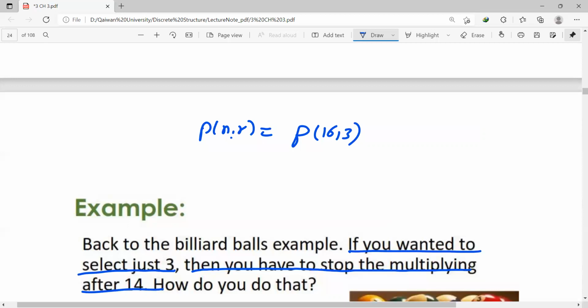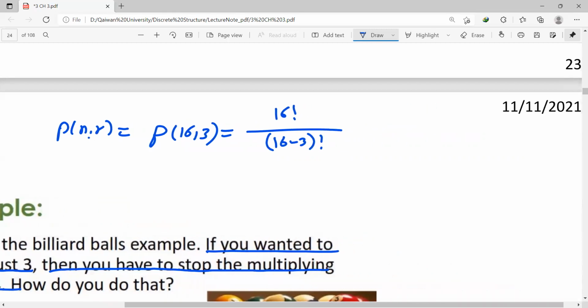Okay, so what's P of 16 and 3? It is n factorial, which is 16 factorial, dividing by 16 minus 3 factorial, and equals 16 factorial dividing by 13 factorial.